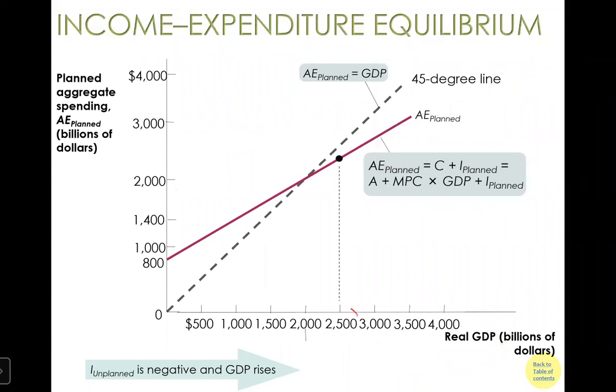So if we start with 2.5 trillion, by the way, this is in billions, so 2,500 billion is 2.5 trillion. So if we start with 2.5 trillion, this is your estimation. This is what you are thinking the GDP will look like. So that implies what the disposable income will be.